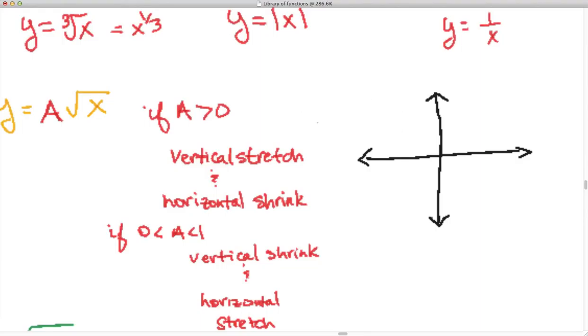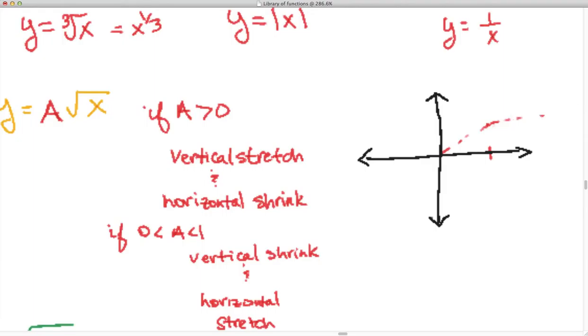And basically what that means is your y value is getting multiplied by a number greater than 1, so it's going to get to infinity faster, if that makes sense. It's getting larger quicker. So what was the point 4 comma 2, for instance, in the normal graph, which I'll do in dashed lines.